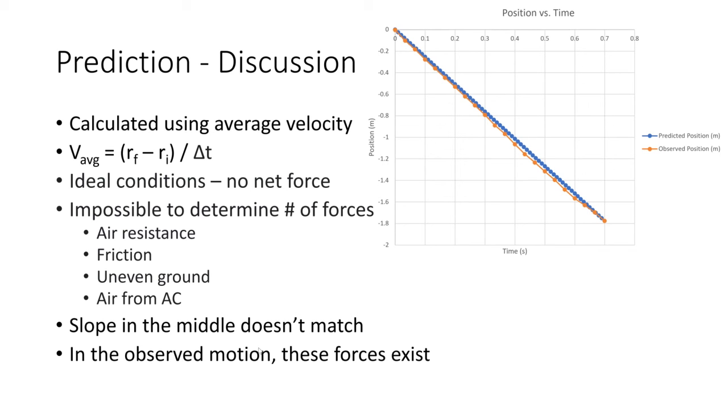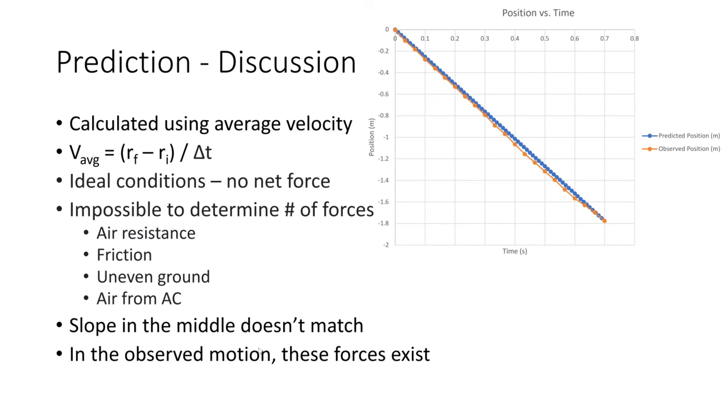And I calculated the predicted position by finding the average velocity, which is the final position of the ball minus the initial position of the ball, over delta t, which is the time interval that I was recording for.